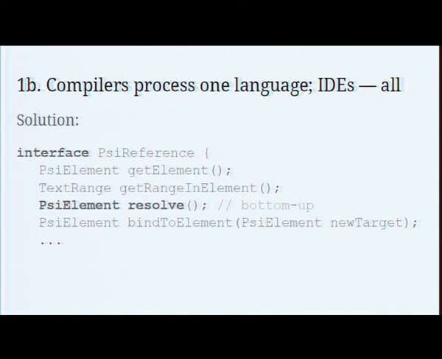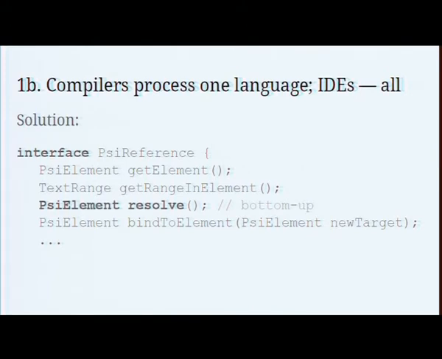But for an IDE, it might be very profitable to find just a specific reference and resolve only it without everything else, because everything else would be expensive. This is useful during go-to-declaration or during find usages when you have to scan a lot of files and want to spend as little time in each file as possible. But references use some caching inside, so this is not a big performance problem.